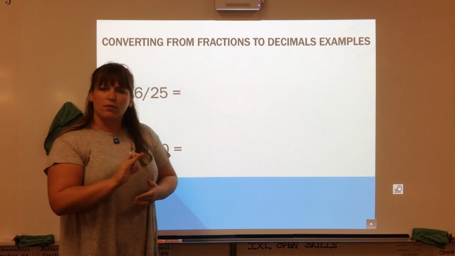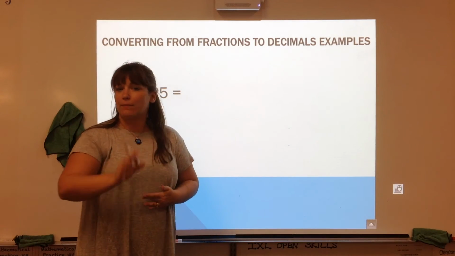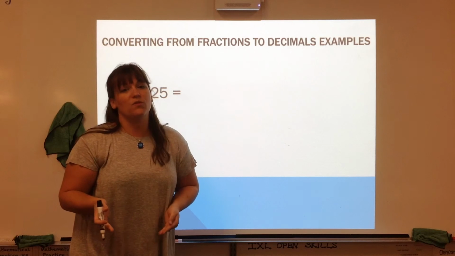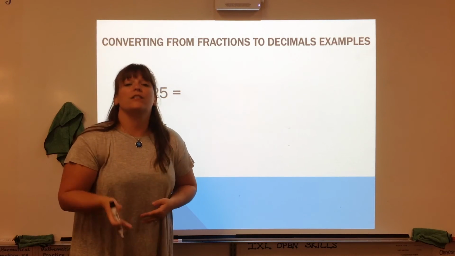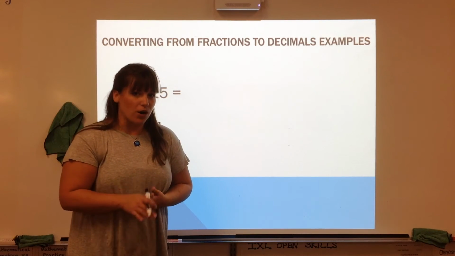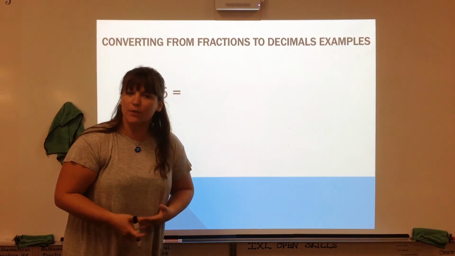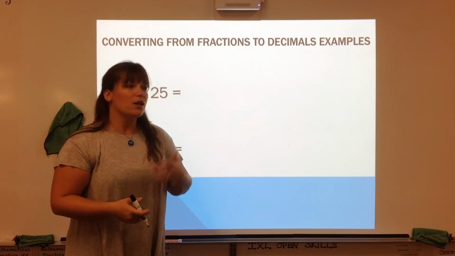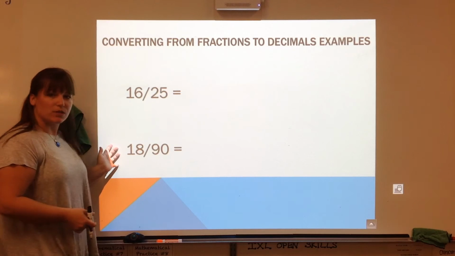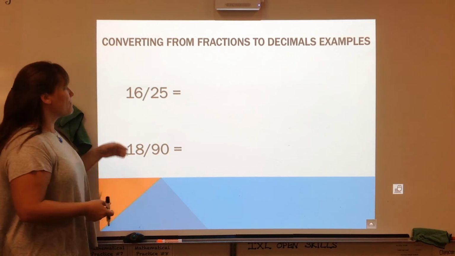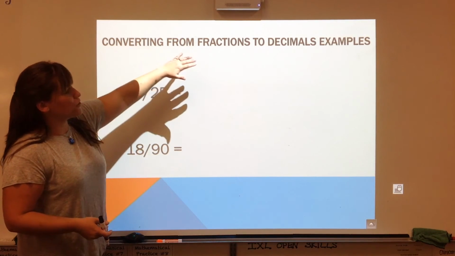On the back or the next page, we're just going to have that blank for any examples that we want to do in addition to the ones that we did in our foldable. So it's not going to have a page number, it's just going to be our workspace. And I have these two examples for you to copy down and try. We're going to convert this to a decimal.